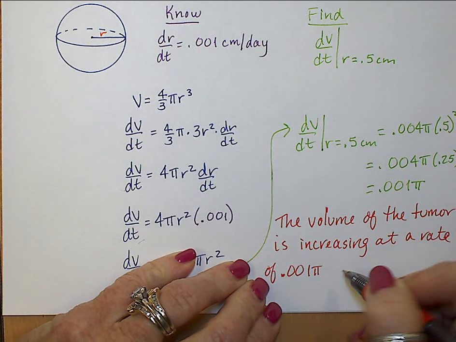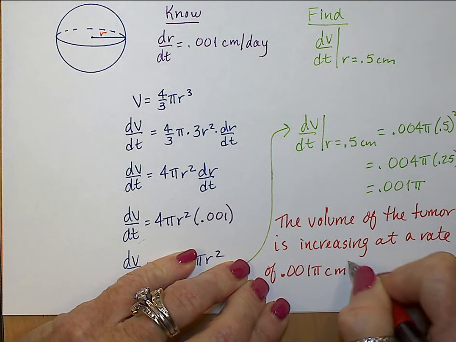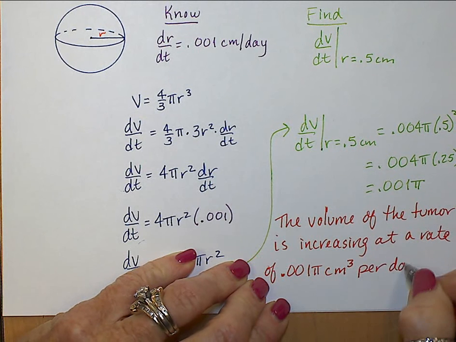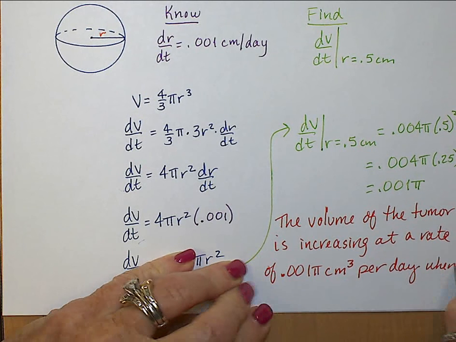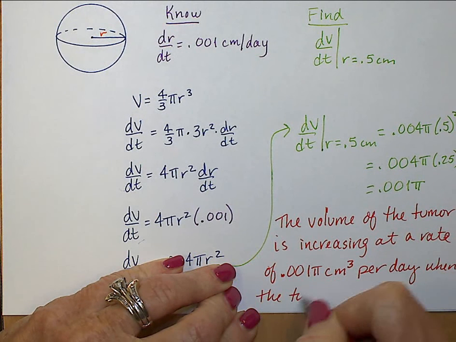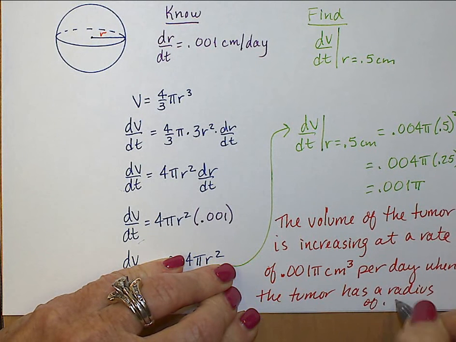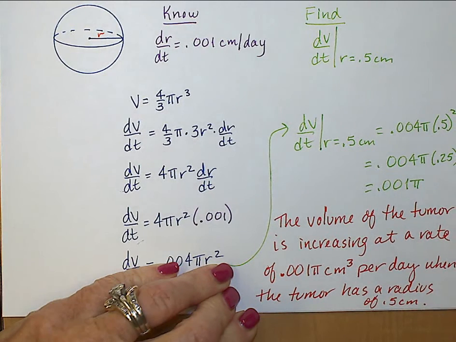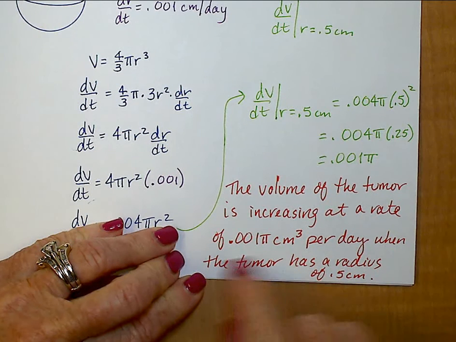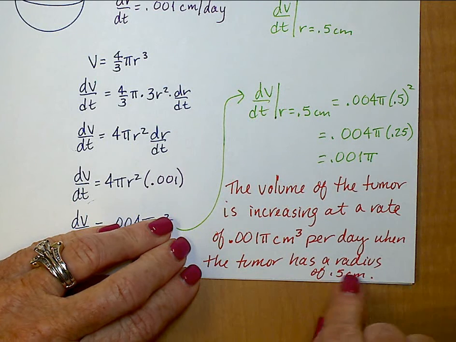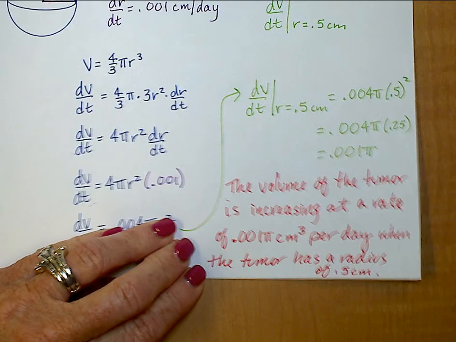Units here, these are centimeters cubed per day, when the tumor has a radius of 0.5 centimeters. And when we write our answer, it's very important that you identify the units of the rate, and you also give the when that particular rate was calculated.